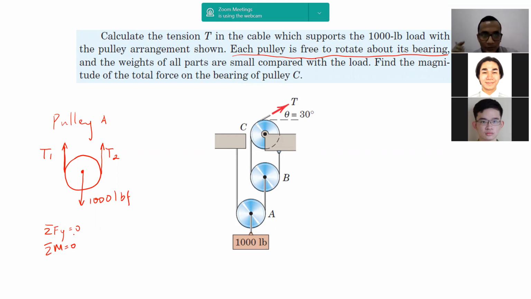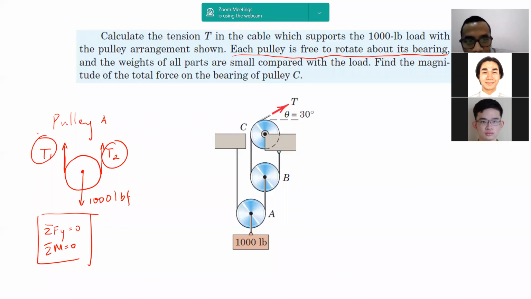Sigma Fx equal to 0. Can we use it, Mario? No, because there are no horizontal forces, right? So we cannot use it. We have two equations here and two unknowns here. Can we solve it, Mario? Yes, we can solve it.